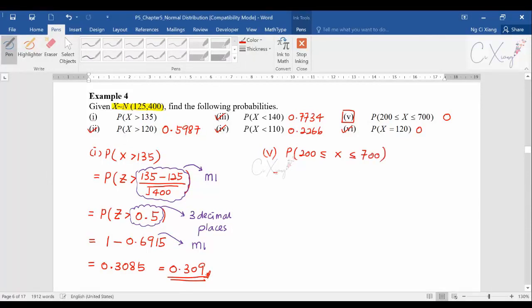Okay, so again, this is x, therefore you need to change it to become z. How to change it to become z? X minus the mean divided by standard deviation. Same thing happened for the 701, minus the mean divided by standard deviation.